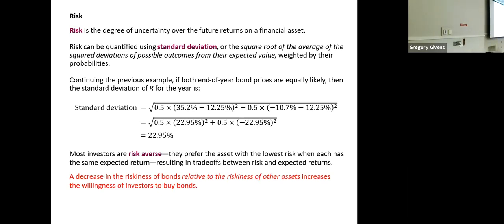For the purposes of analyzing the bond market, I guess the punchline here is that a decrease in the riskiness of bonds relative to the riskiness of other assets is going to increase investors' willingness to purchase bonds. So as the bond market is deemed less risky, that should shift the demand for bonds to the right, therefore increase bond prices and lower bond yields or yields to maturity.